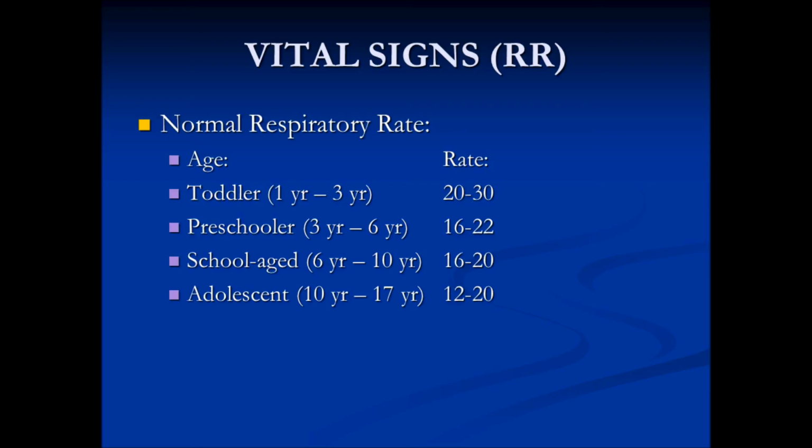And then school aged, which would be first grade on up, would be 6 years to 10 years old, and that's 16 to 20. And then adolescence incorporates those tween years all the way up to 17 years old, so 10 to 17, and their respirations are the same range as it would be for an adult.